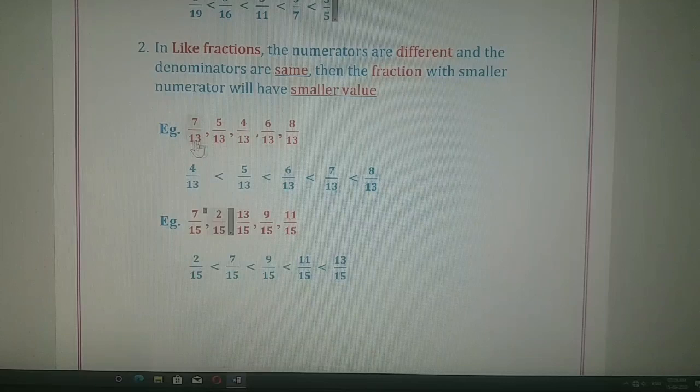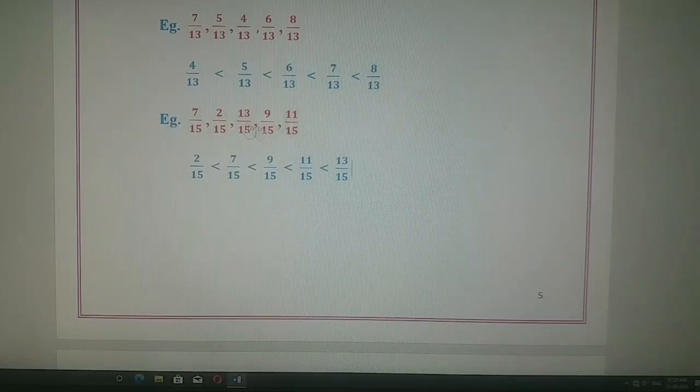Everywhere, the denominators are 13, but the numerators are different. Then the fraction having smaller numerator will have smaller value, and the fraction having greater numerator will have greater value.